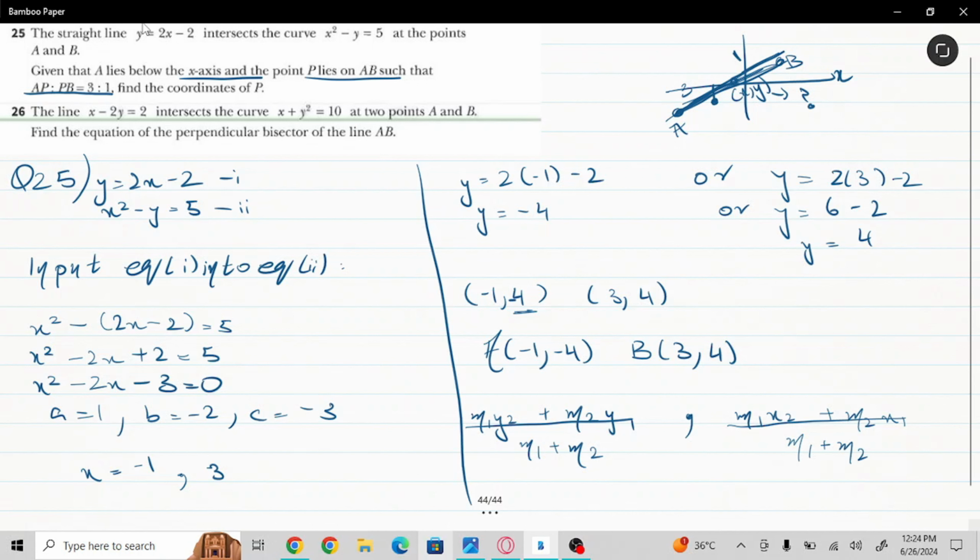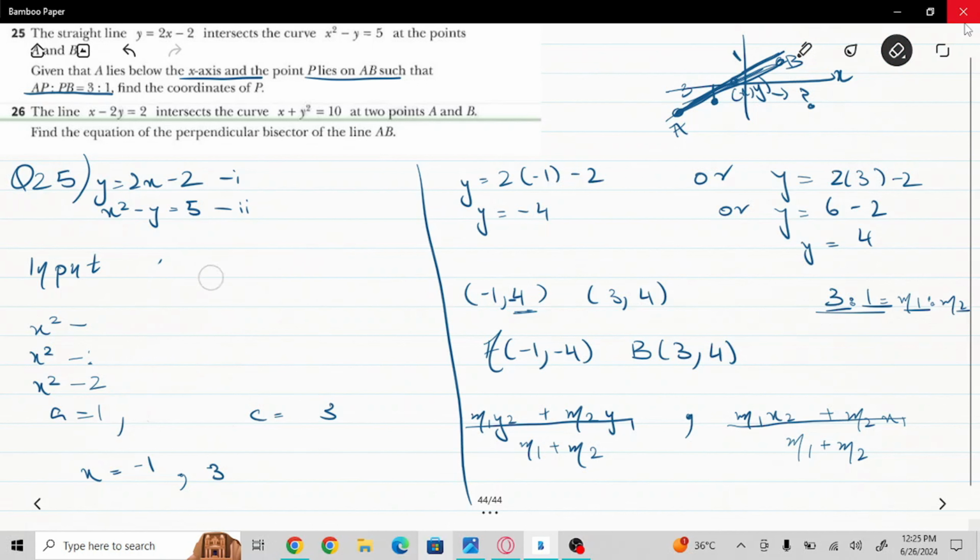And what these m's are referring to is not the gradient, it's referring to the ratio. So 3:1 is equal to m1 to m2. So m1 is ratio number 1 and m2 is ratio number 2. So we can say these m values are actually the ratio.